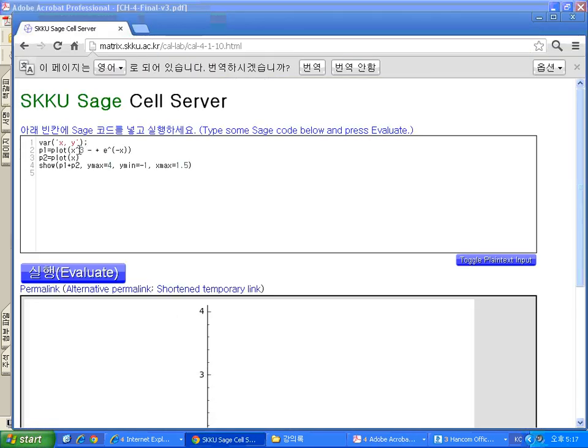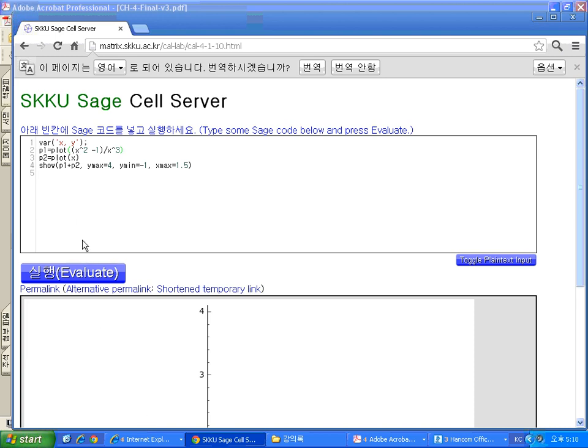Okay? x squared minus 1 over x cubed, like this. I think I need one more. I think here we need this. Okay, here. I think that will do it.